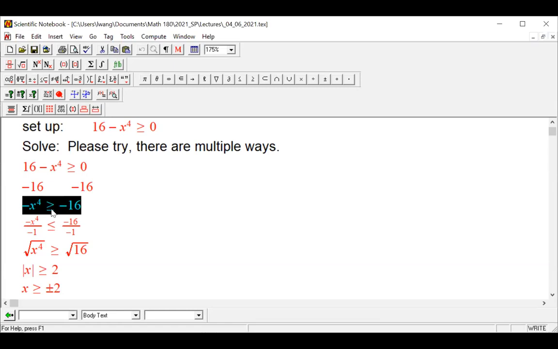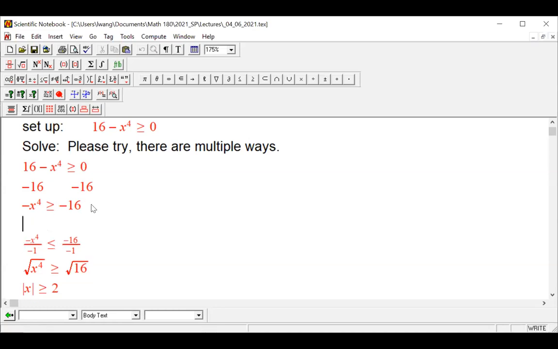In his mind, he switched. But why do I judge this step as correct? Because when he switched, I'm sorry, that's when he divided by -1. When divided by -1, this should have been switched. Do you follow me?